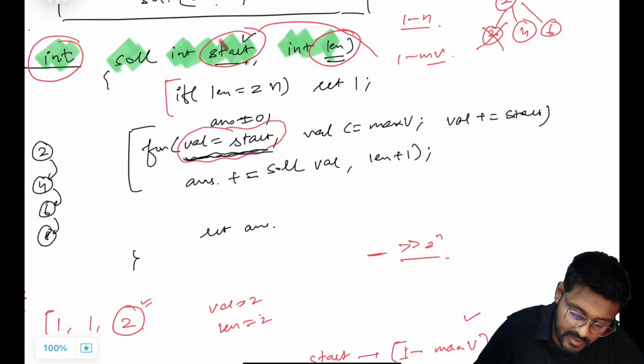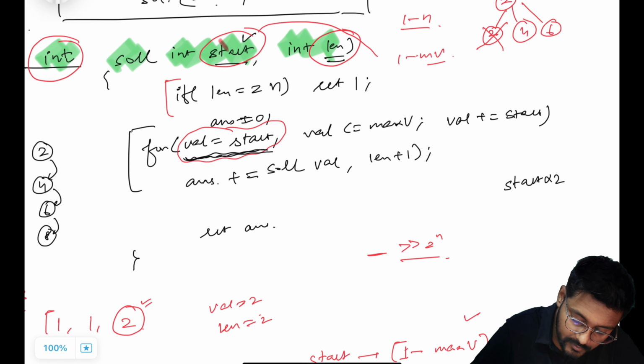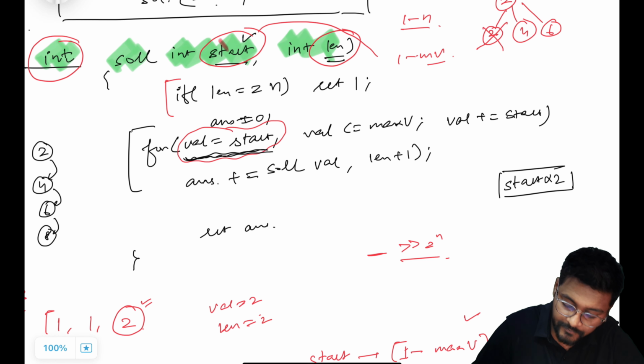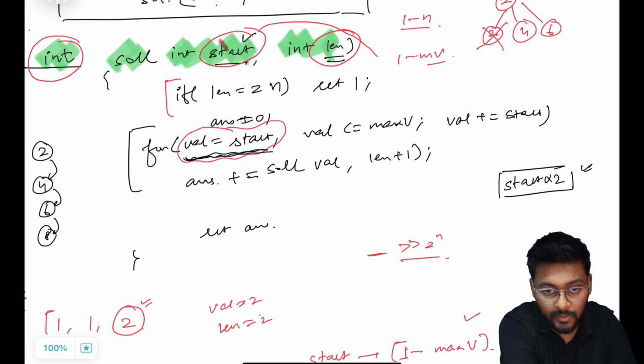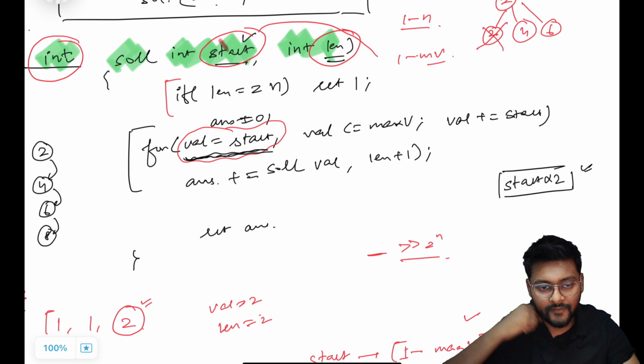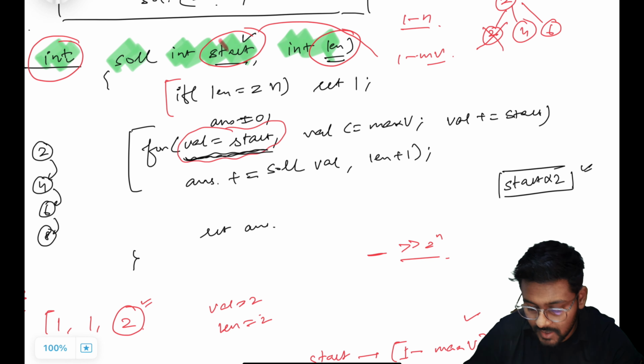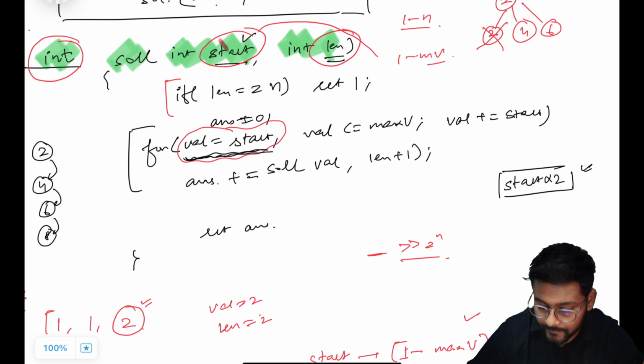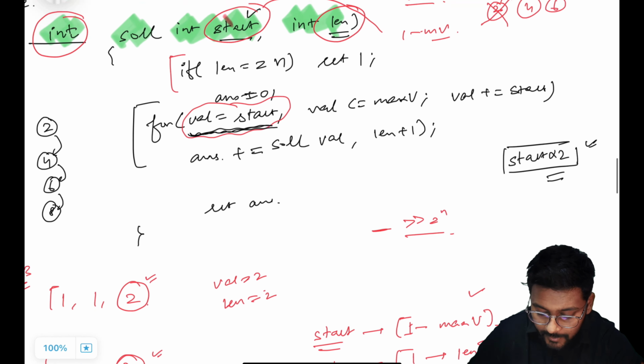Instead of starting with start, if I started with start into 2, double of start, and every time I'm starting with the double of start, I will be having that many items at every position. So this is how we can avoid taking up duplicate elements.